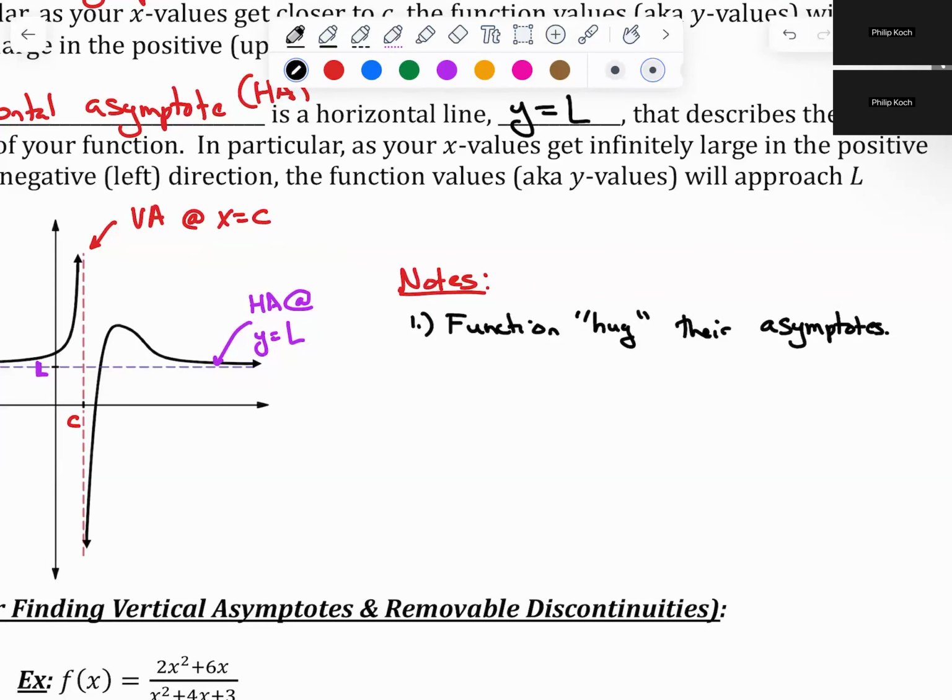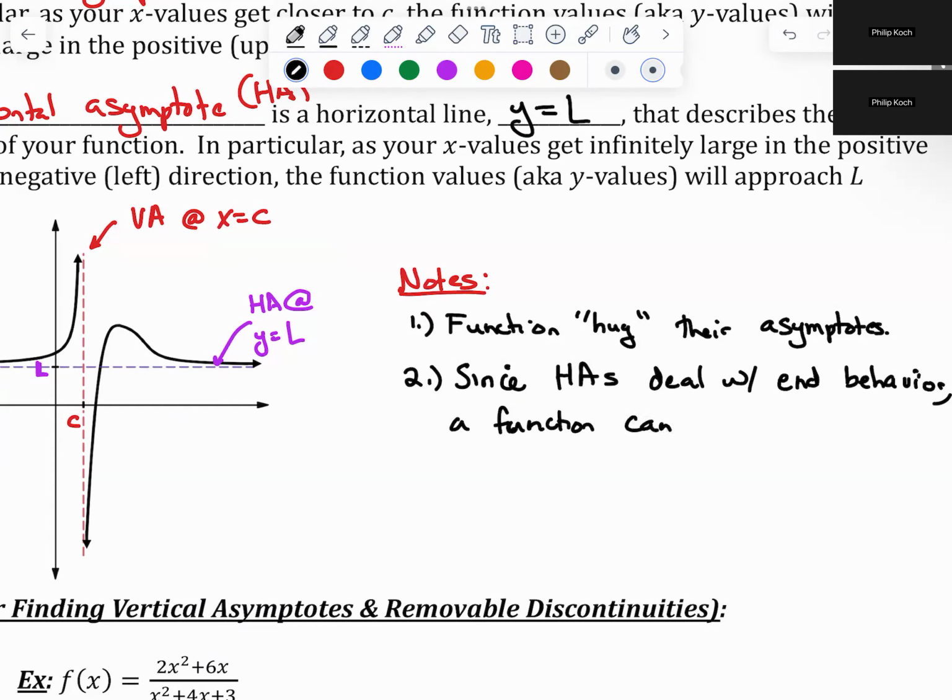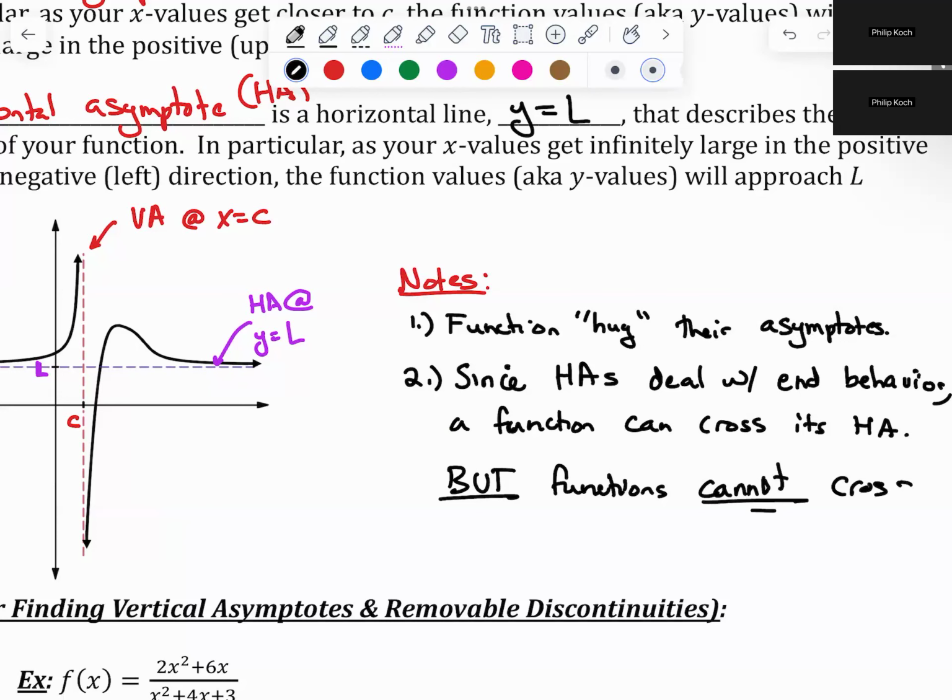And the other thing is that since HAs, horizontal asymptotes, deal with end behavior, a function can cross its HA, but functions cannot cross VAs.